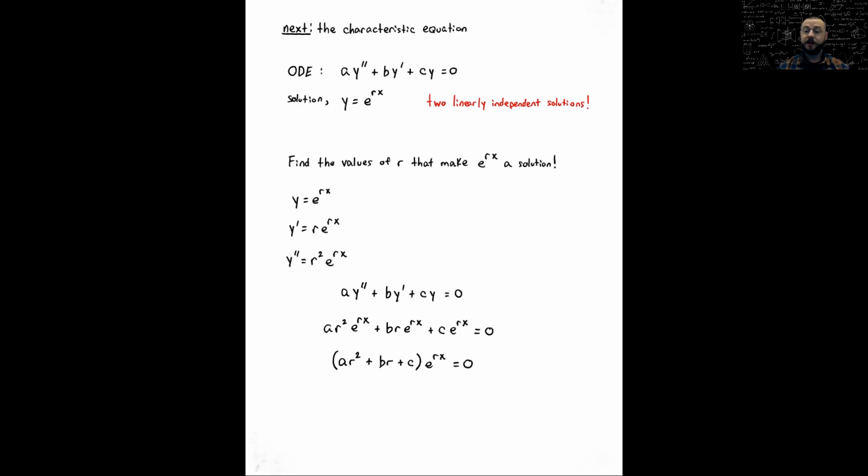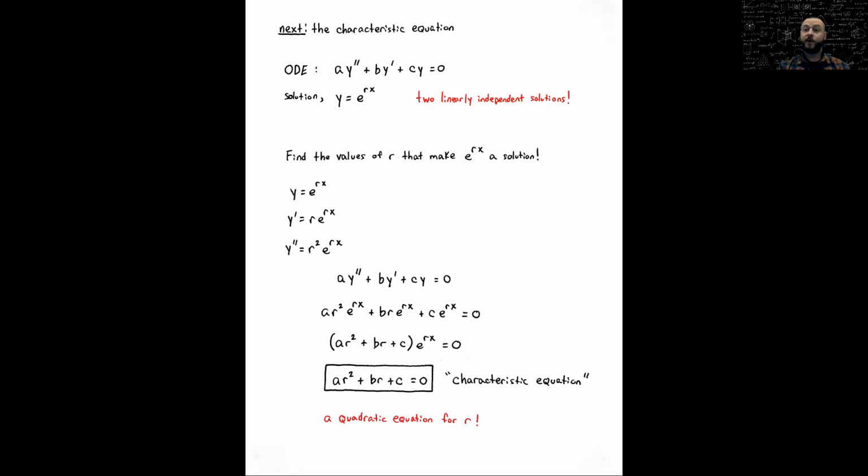And what we get, the part within parentheses, that's what we're interested in. We're trying to find the values of r that make e to the rx a solution. So we can just divide the exponential off here, and we get this, which we call the characteristic equation.